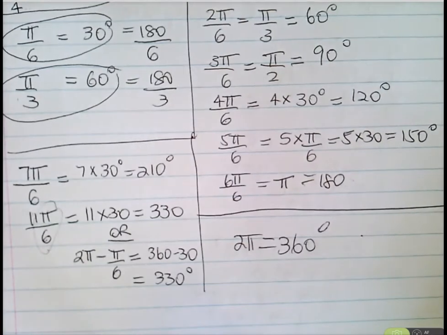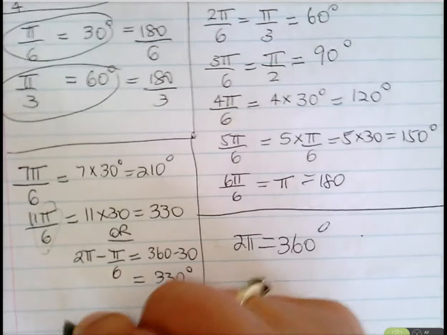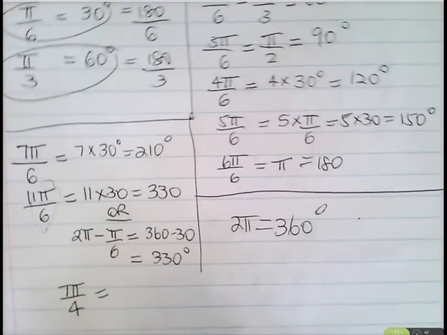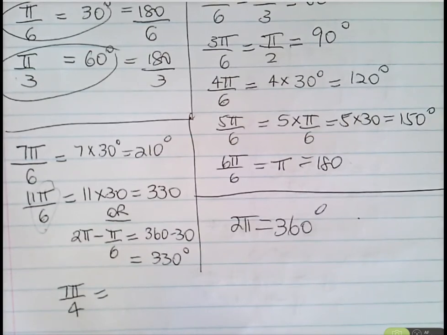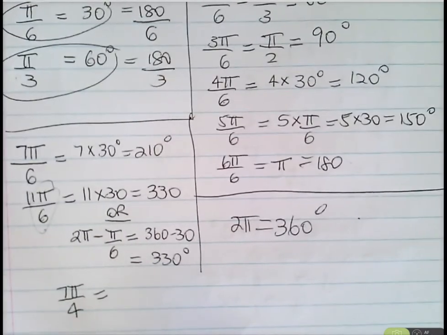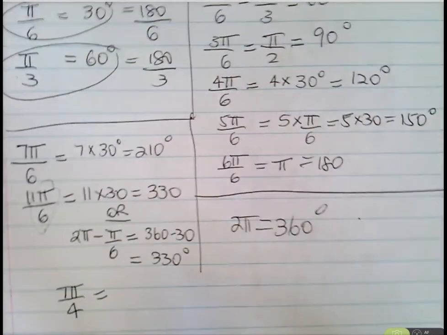Combinations of 60, combinations of 30, combinations of 45. Just one more. What would be 7 pi on 4? What would be 8 pi on 4? Yeah, 8 pi on 4 is 2 pi. This is 1 3/4 pi. 1 3/4 is 2 minus a quarter. Do you get it?